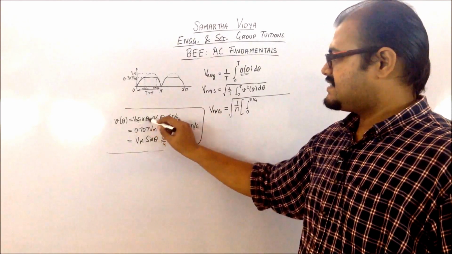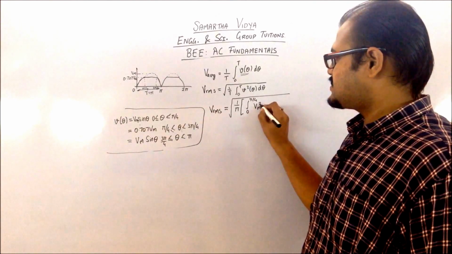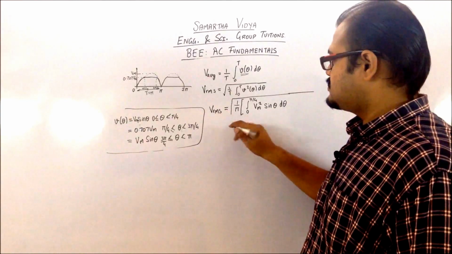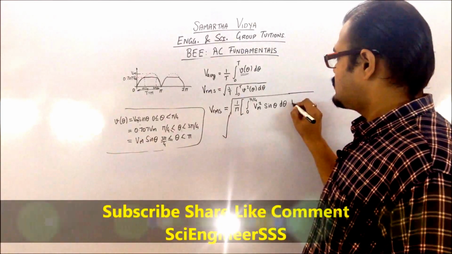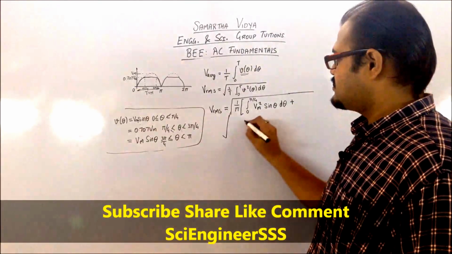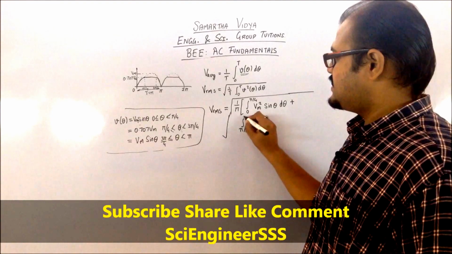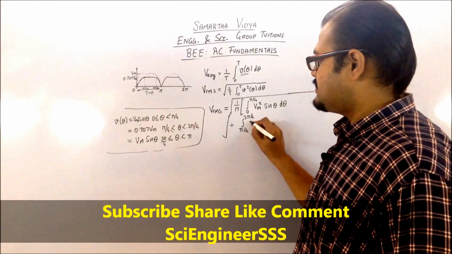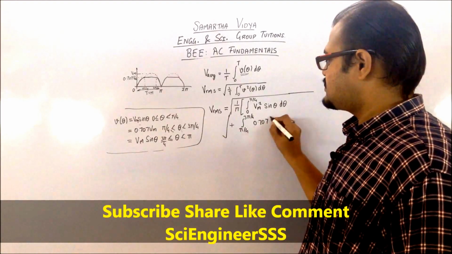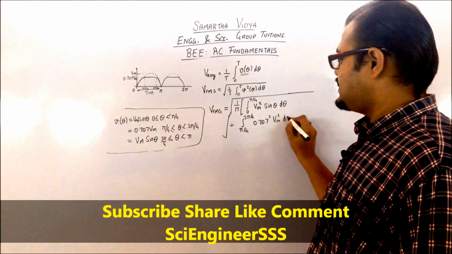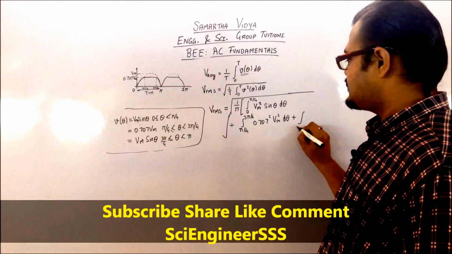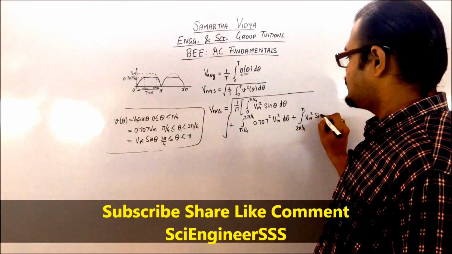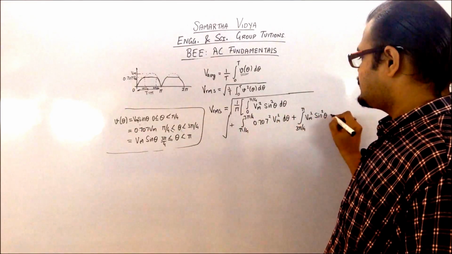So you take the square of this: Vm square sin square theta d theta, plus the integration from pi by 4 to 3 pi by 4 of 0.707 square Vm square d theta, and finally from 3 pi by 4 to pi, Vm square sin square theta d theta.